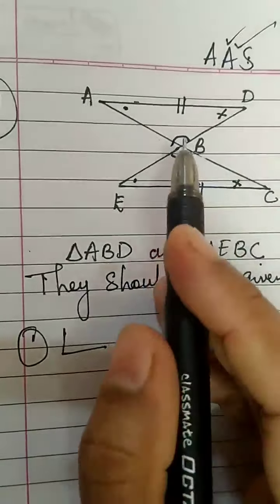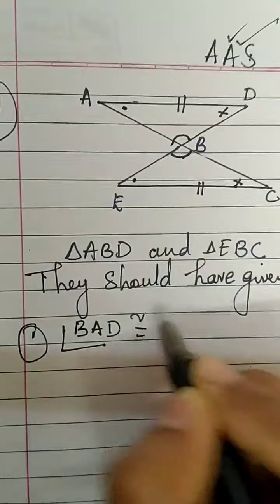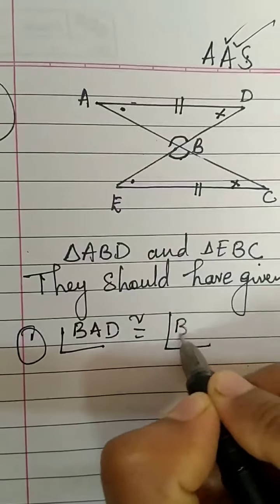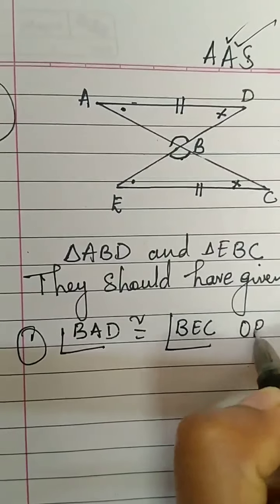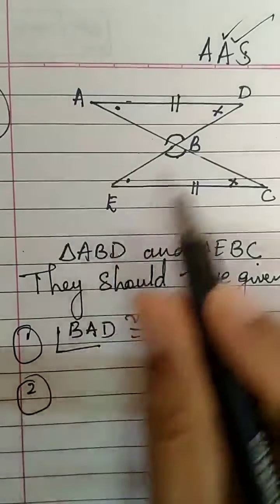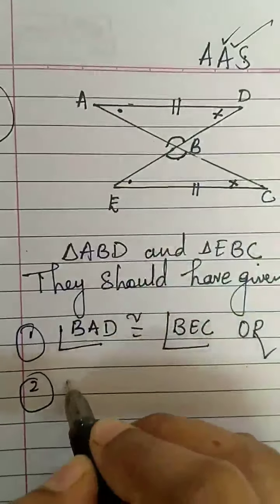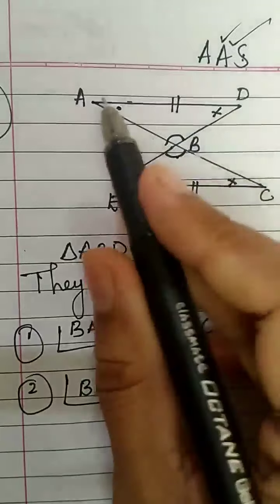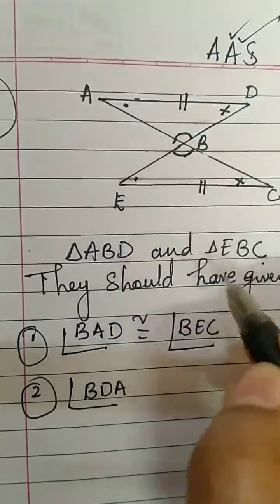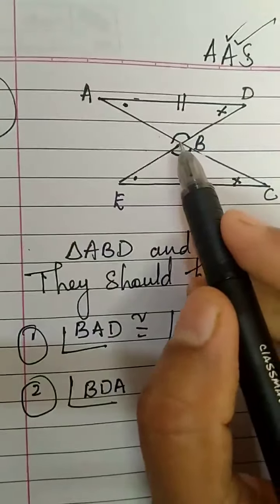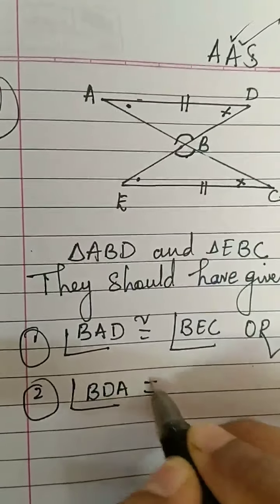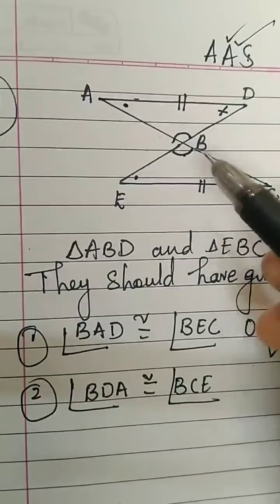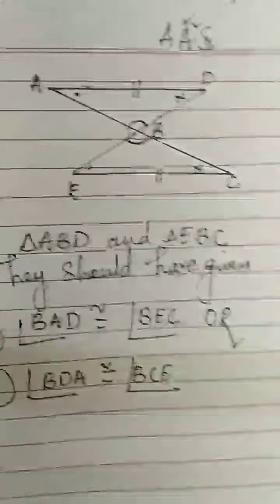Angle BAD congruent to angle BEC, or the second option is angle BDA congruent to angle BCE, correct, no? And one already we have, vertically opposite angles.